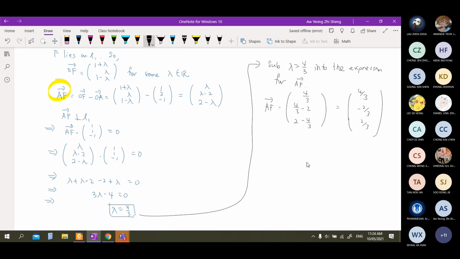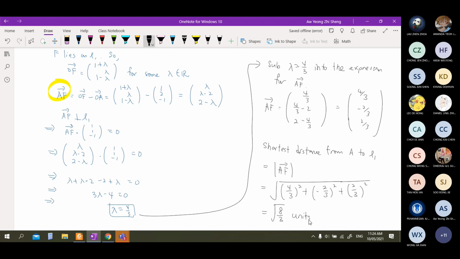Then at the end, we have to mention the phrase shortest distance from A to L1. It is just the length of the vector AF. And just apply the length formula. Press your calculator and you will get square root of 8/3 units.